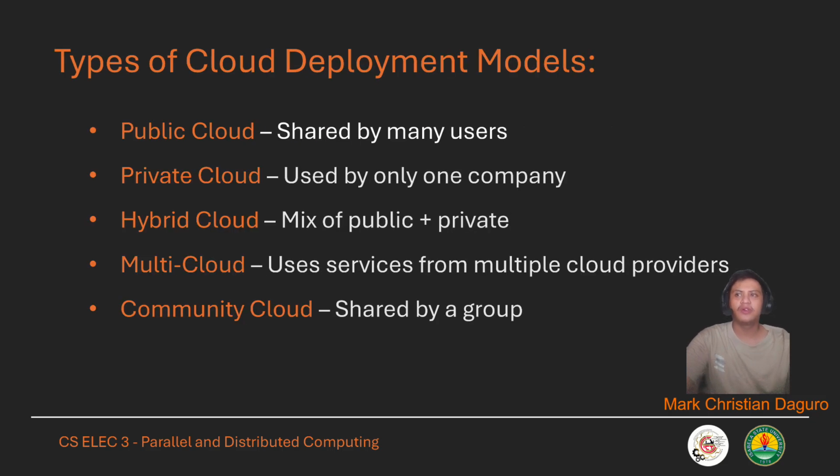So, what are the types of cloud deployment models? These are ways cloud services are delivered to users or organizations. Each type has different levels of privacy, control, and cost. The first type is deployment model: we have public cloud, private cloud, hybrid cloud, multi-cloud, and community cloud.